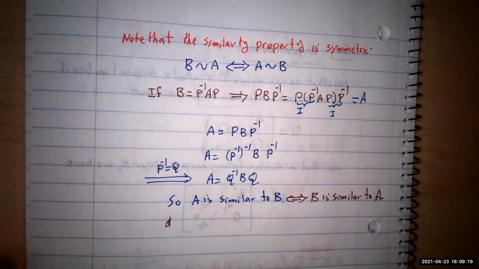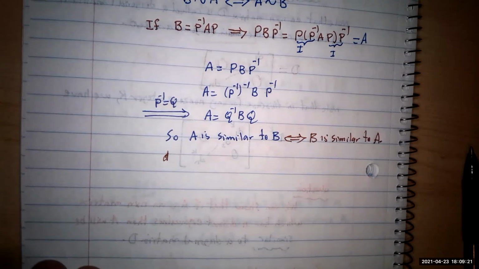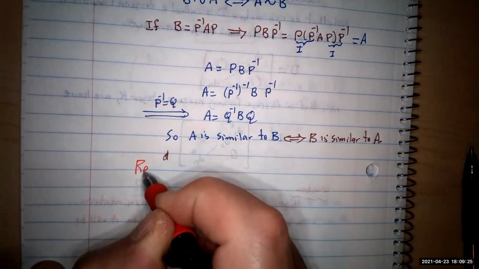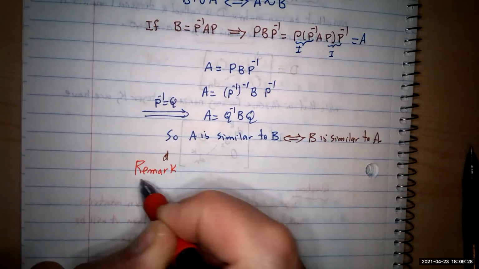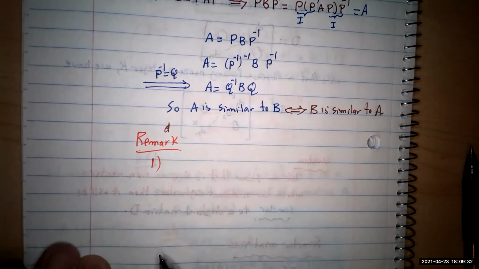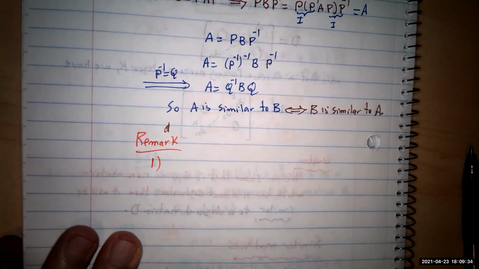So I give you one remark, and I'm going to use this remark later. What is this remark? The first one is exactly the determinant that we gave you on that quiz. Look at this one.